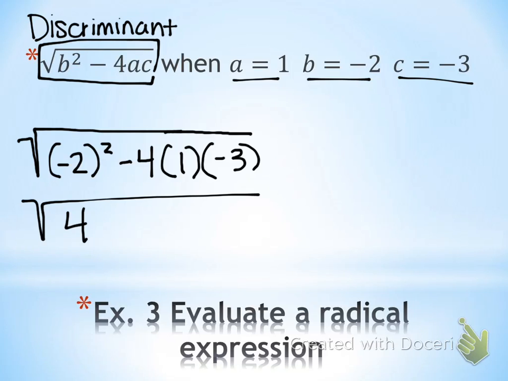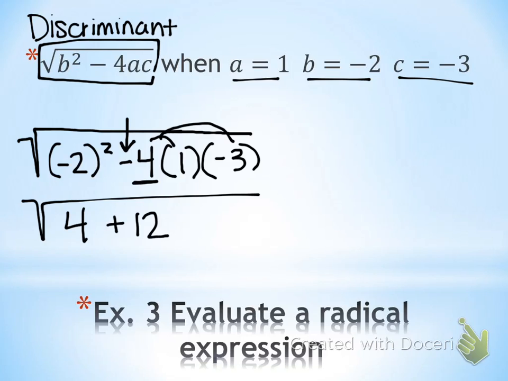Now, this sign right here, this is another one that people mess up on. What does that tell me that this 4 is? Tyreek? A negative. Treat this just like a negative 4. Don't treat it like a subtraction problem. So we say, okay, negative 4 times 1 is negative 4. Negative 4 times negative 3 is positive 12.